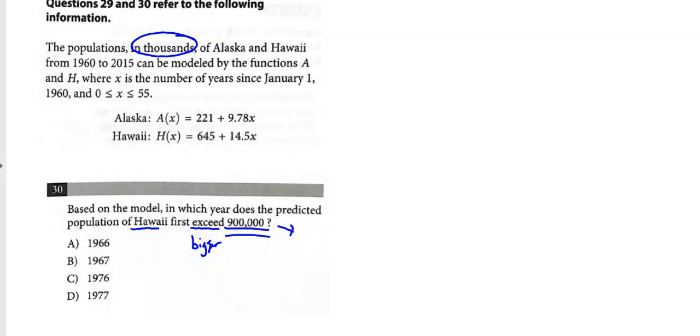So for 900,000, I'm just going to use the number 900. So Hawaii is going to be 900 at what x? So basically we're just solving this for x because we got to figure out when it hits 900. So let's do that.